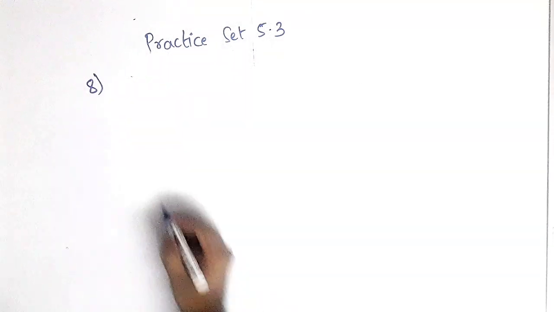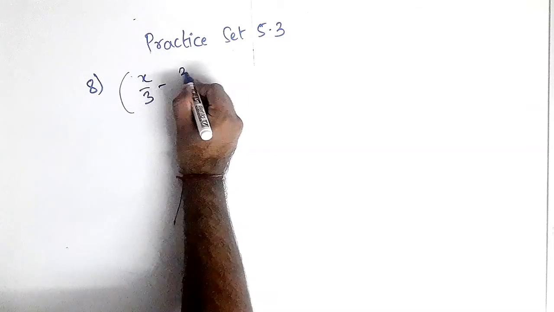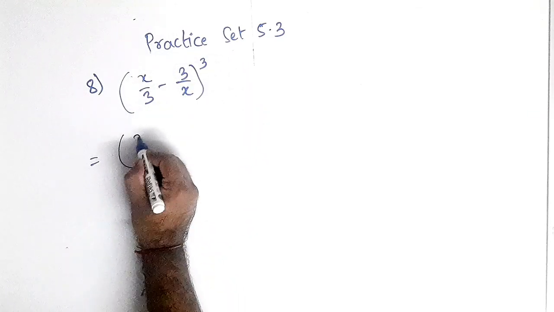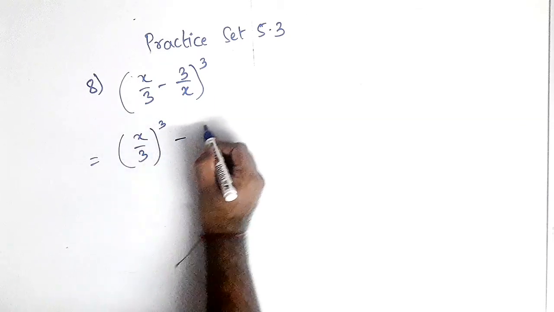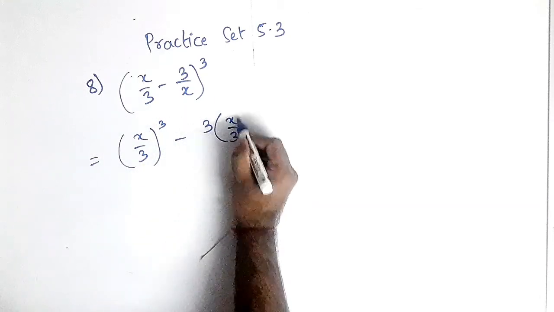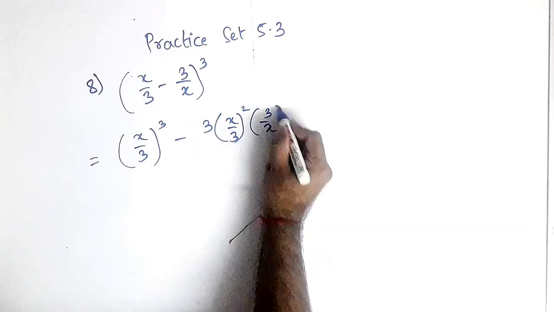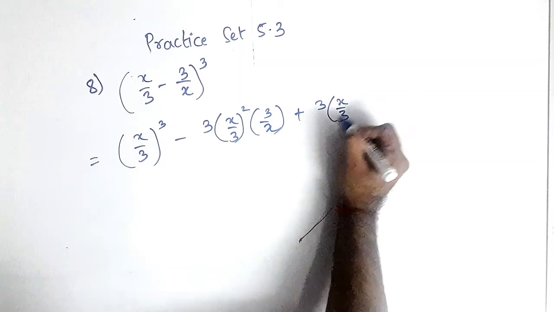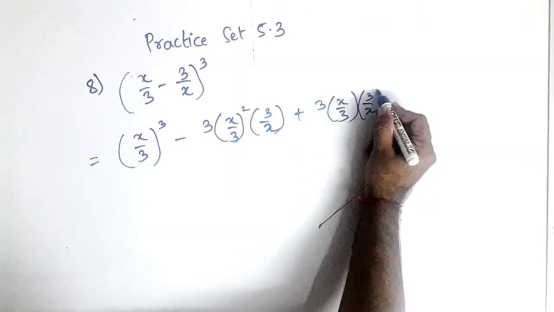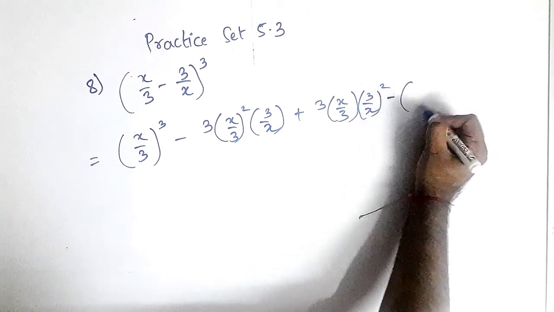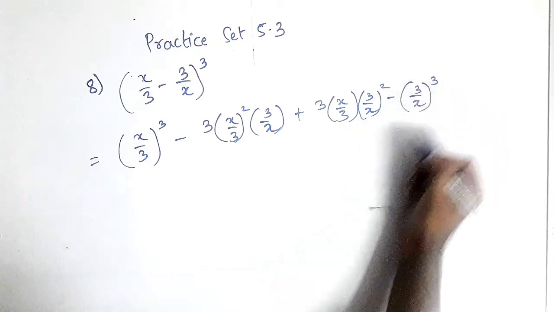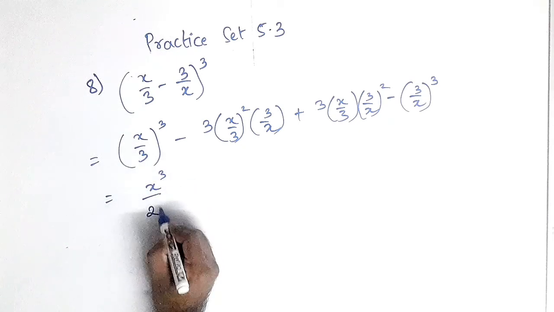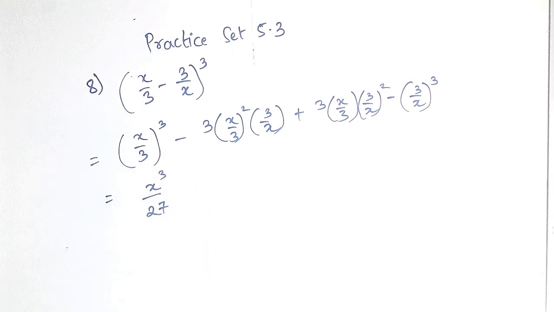Eighth one is x by 3 minus 3 by x the whole cube. So this is your a, this is your b. I'll write a cube minus 3a square b, okay, plus 3a b square minus b cube. Okay, so this very simple, it will be x cube upon 27. 3 cube is 27.